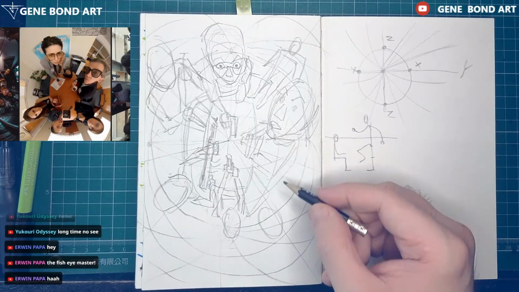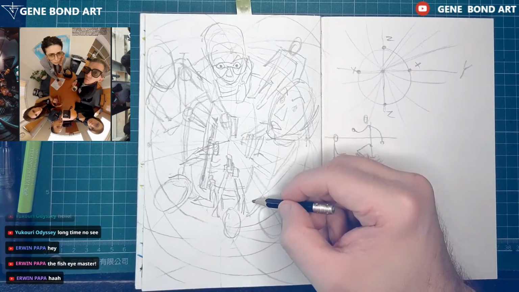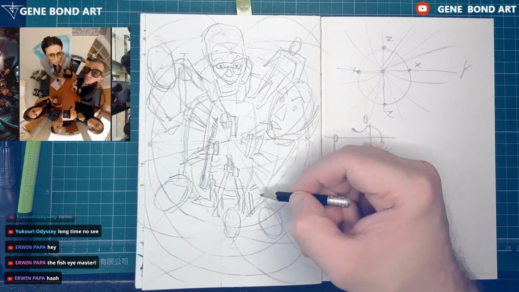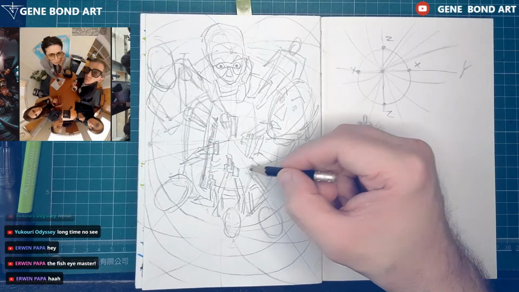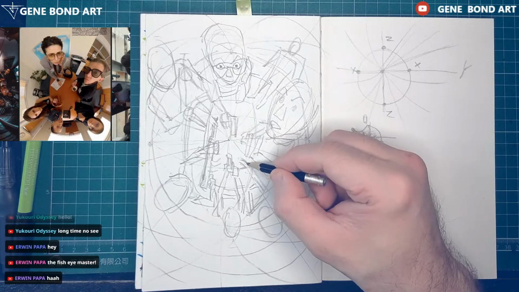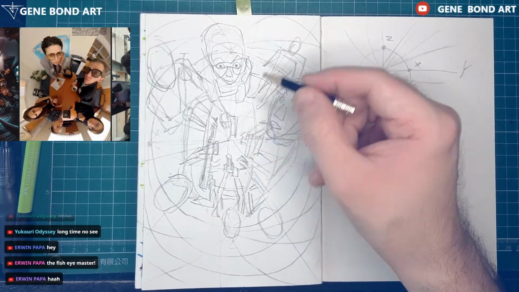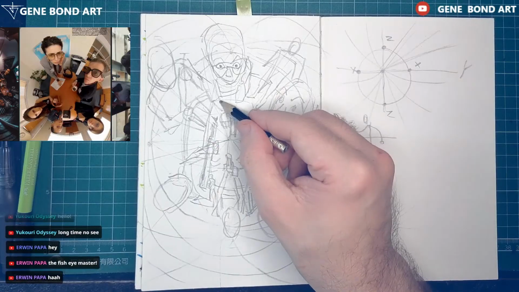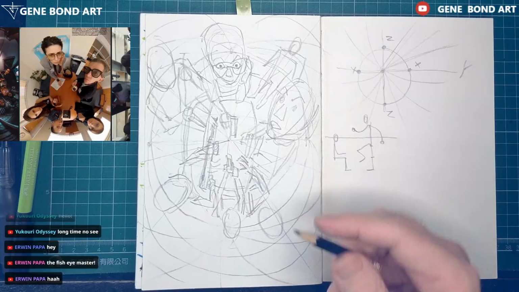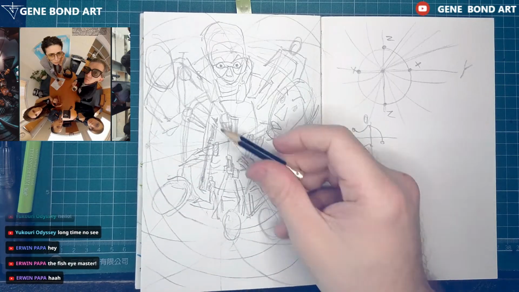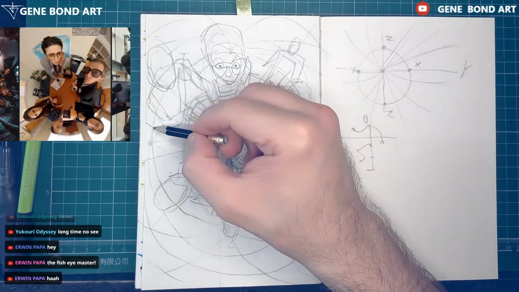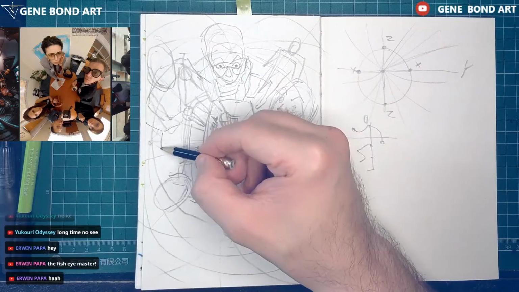Because you should never point a gun at people.